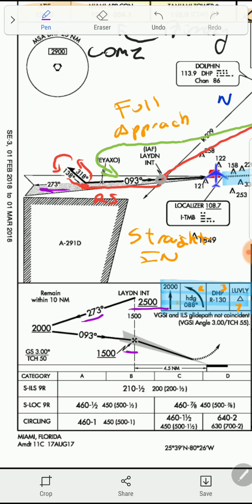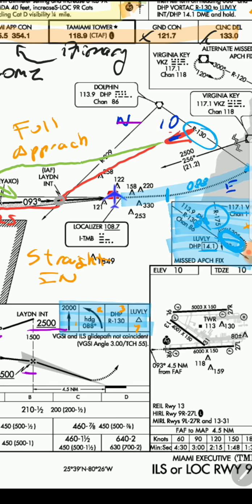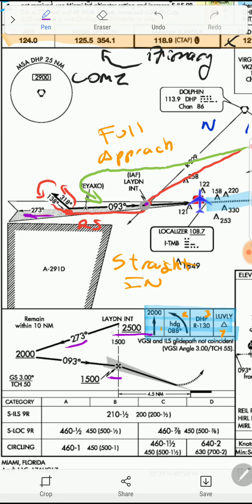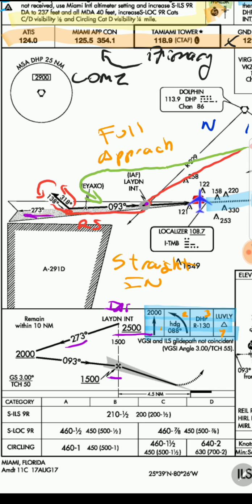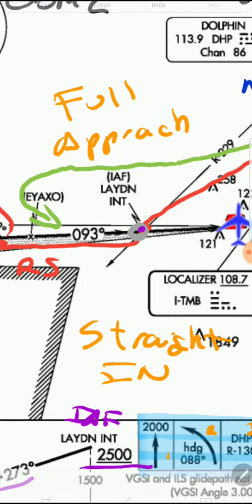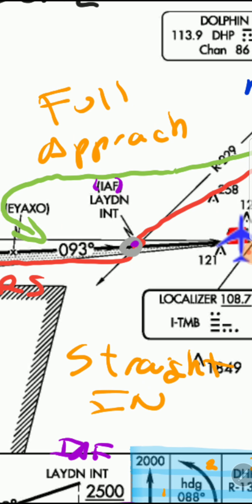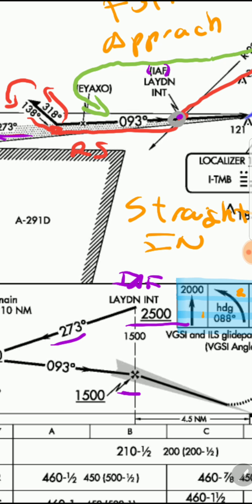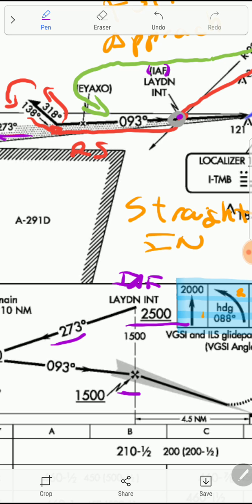So, because we're doing the full approach down here, we have determined that because our position is northeast of the airport and we're going to do the course reversal, we need to initially cross our initial approach fix called Leiden. Again, you know that Leiden is the initial approach fix because it says IAF at 2,500 feet or at or above 2,500 feet.